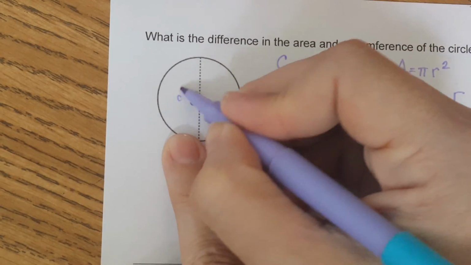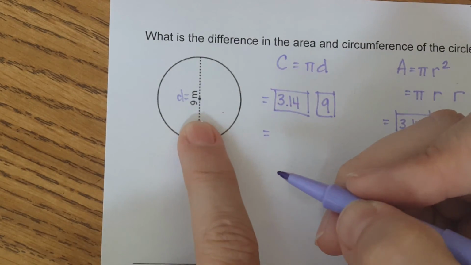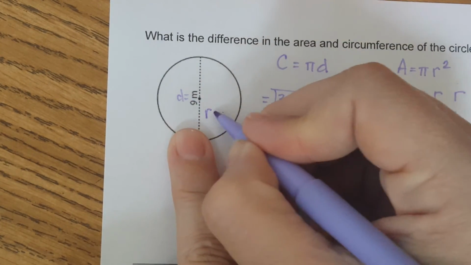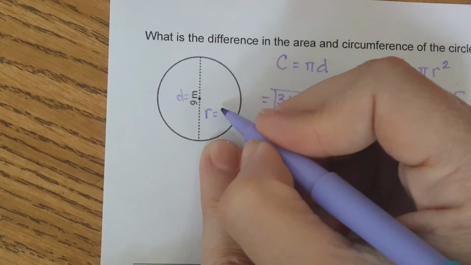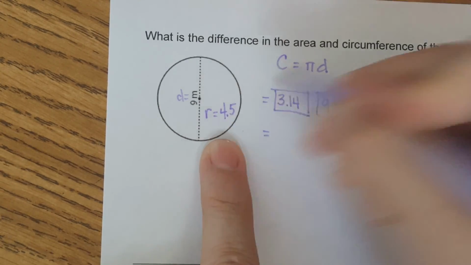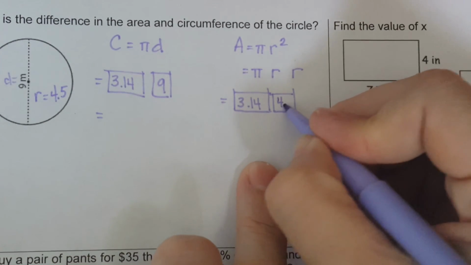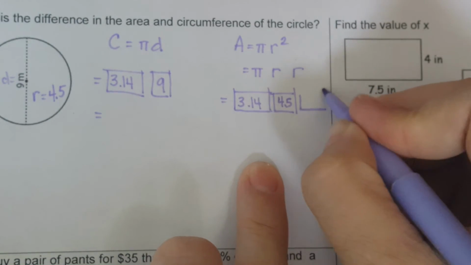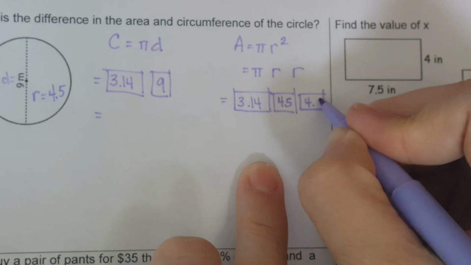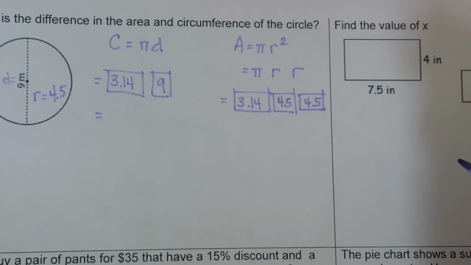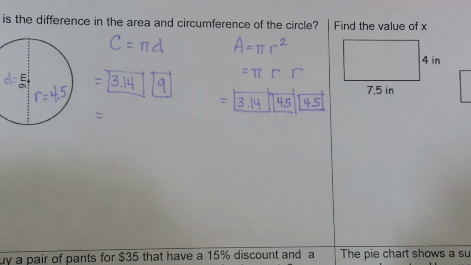So diameter is all the way across, so the diameter is 9, and the radius is going to be half of 9, which is 4.5. So come back over here and fill that in. 4.5 and 4.5. Okay, so we've got a lot of multiplication to do.